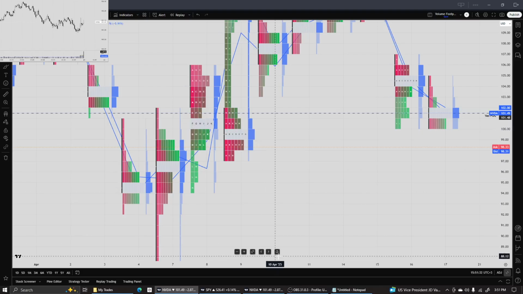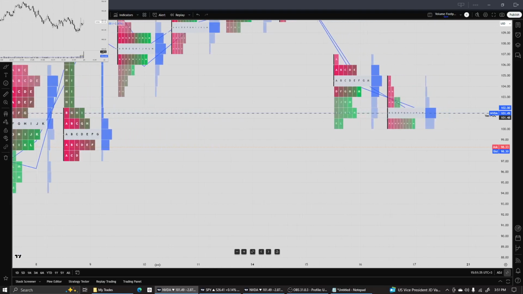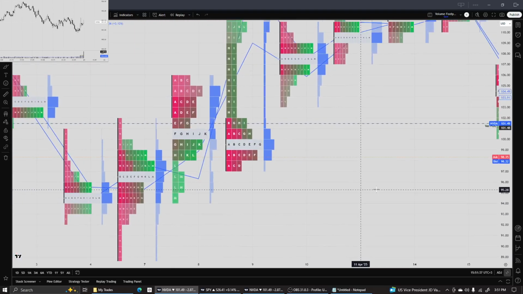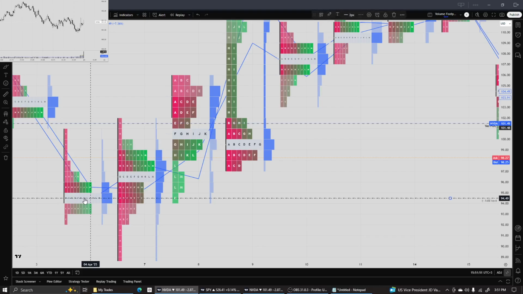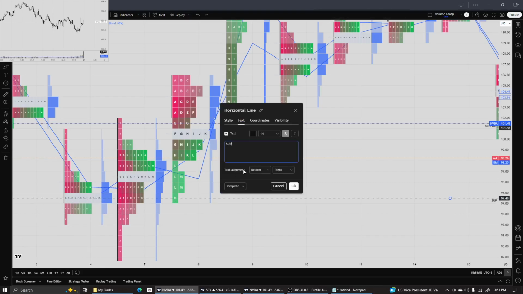So let's look at each level carefully. The most time NVIDIA spent, or the most volume that came in, was at this level, 94.35. So let's say 94.5 is support. Previous support.